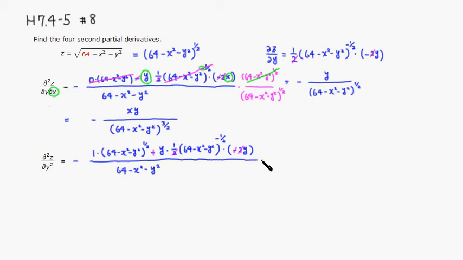We're going to multiply top and bottom by quantity 64 minus x squared minus y squared to the 1/2 power, and the same thing to the denominator, 64 minus x squared minus y squared to the 1/2 power. Then you can distribute that to get this. So negative sign here.